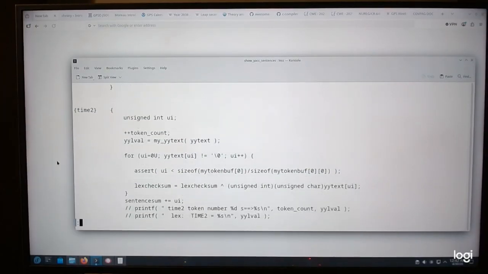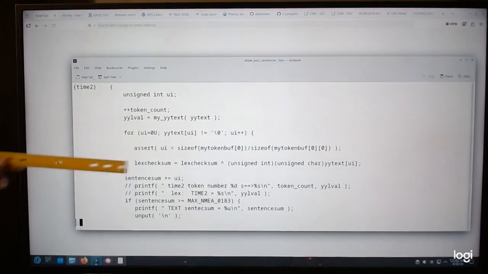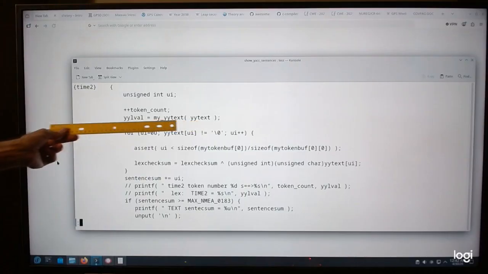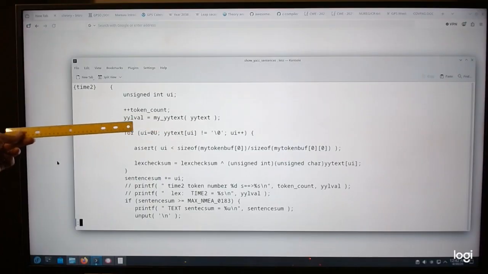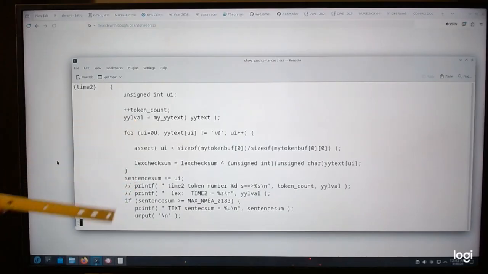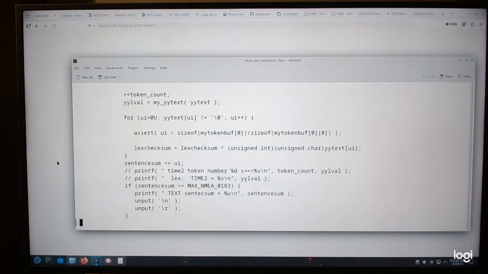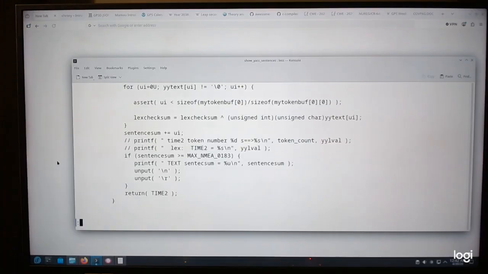The only thing I do is copy the text that matches the token into a pointer, and that's the only thing I do. I do not convert it over to any kind of floating point or integers.